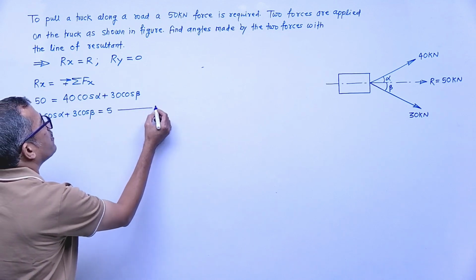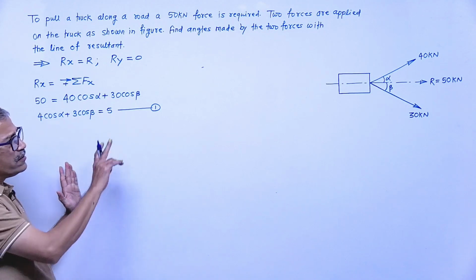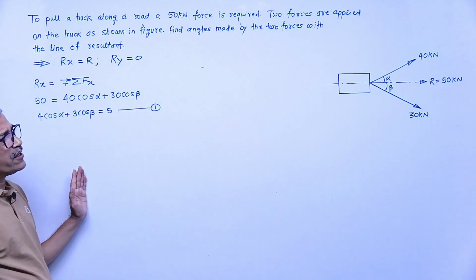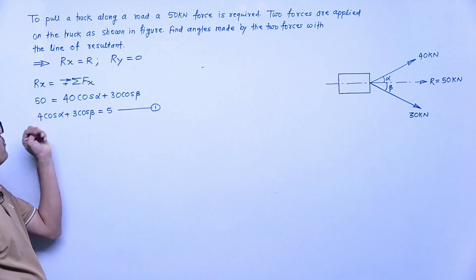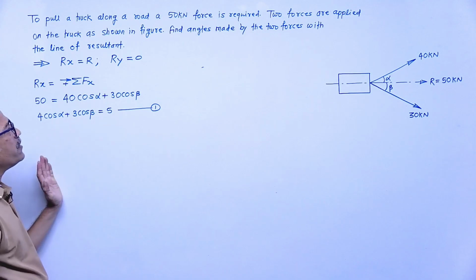Say equation number 1. Up to this step any problem? Clear? Simply the Rx equation is 50 equal to 40 cos alpha and 30 cos beta. Dividing through by 10, this is 5 equal to this one. I have taken this term on the left side, right?